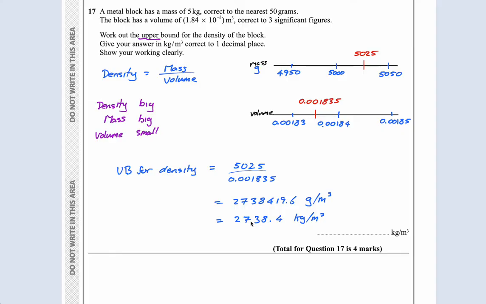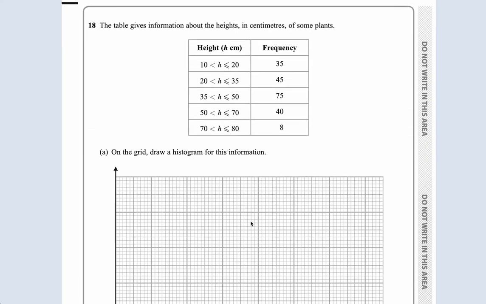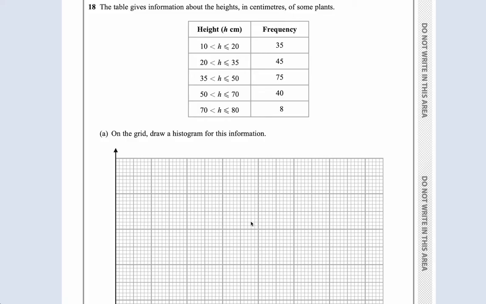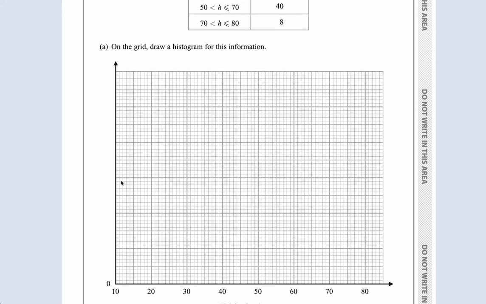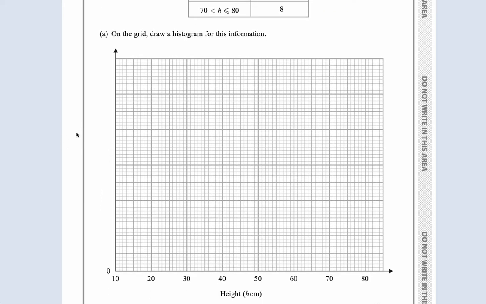And that's my answer, 2738.4. Okay, question 18. Here we have a frequency table. It says on the grid, draw a histogram for this information. Okay, I like to, guys, draw another column and call it frequency density, or FD, because this is then the frequency density.